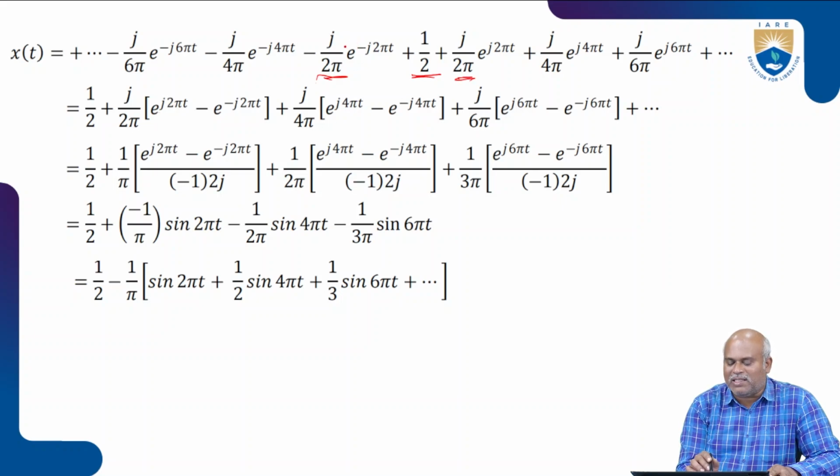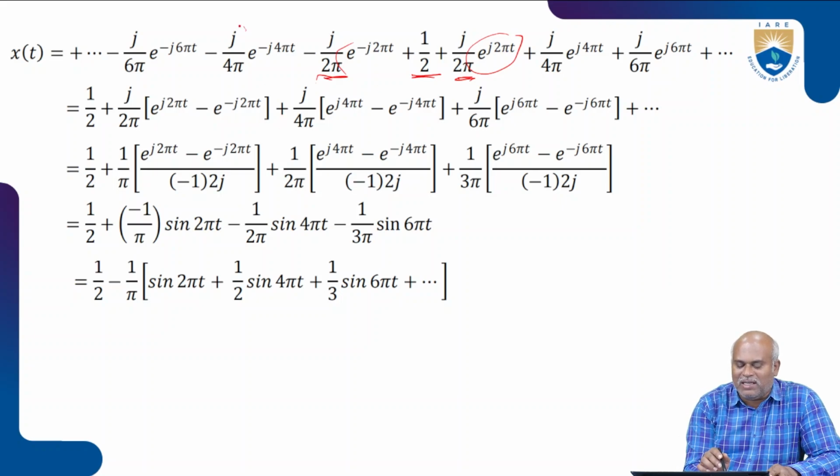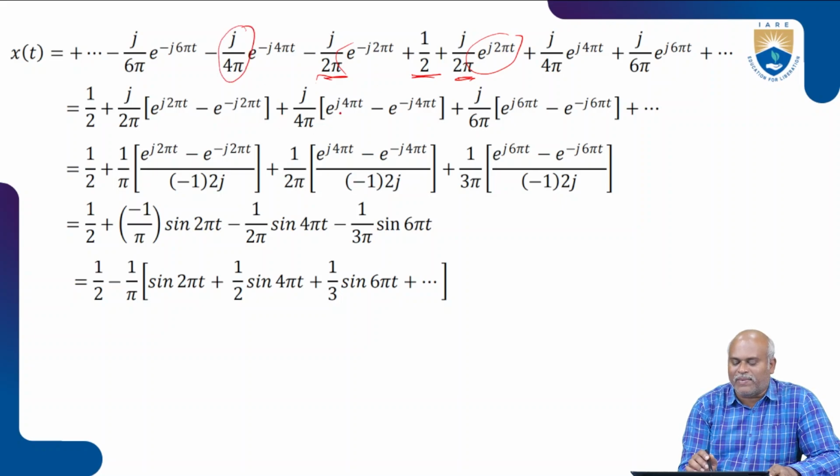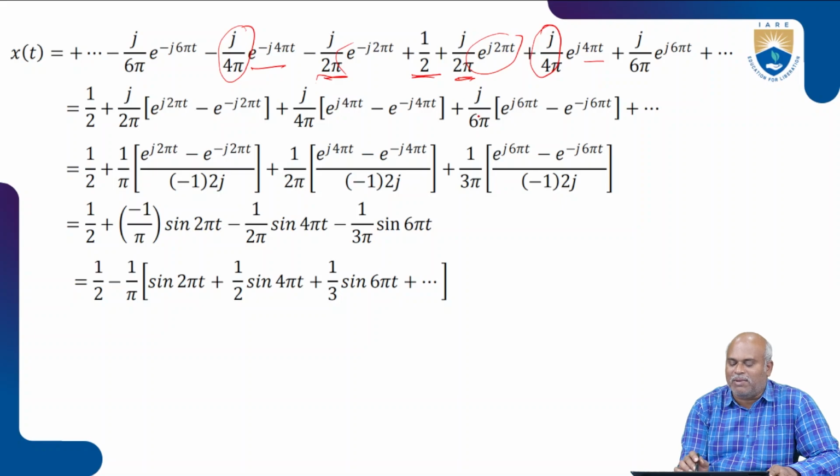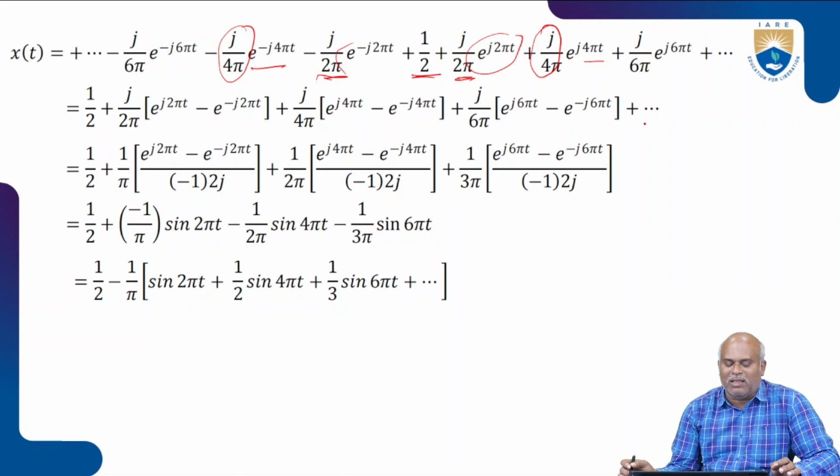For the remaining portion, this portion and this portion we need to add: e power j 2 pi t minus e power minus j 2 pi t. Plus the next portion I should take for the j 4 pi. Then the remaining portion, this one and this one. Here j 4 pi is there. So what is it? 1 by 4 pi e power j 4 pi t minus e power minus j 4 pi t. Same like that we should write for all the values.